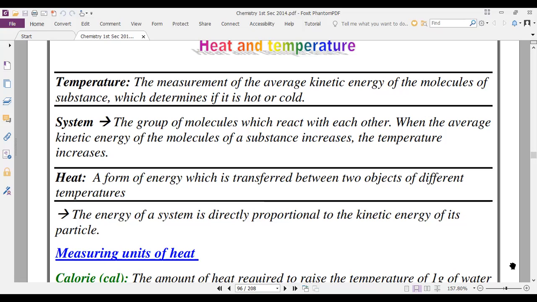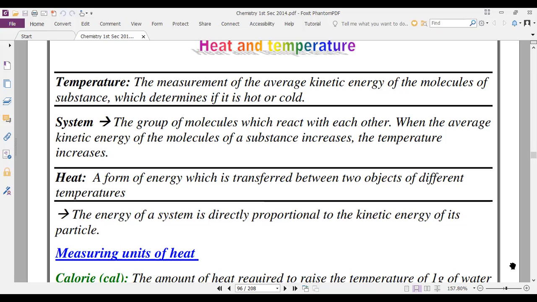So what happens if you touch a piece of ice? It will be cold on my hands. In this situation, heat will transfer from what to what?